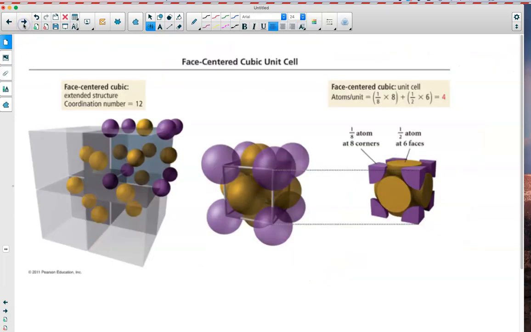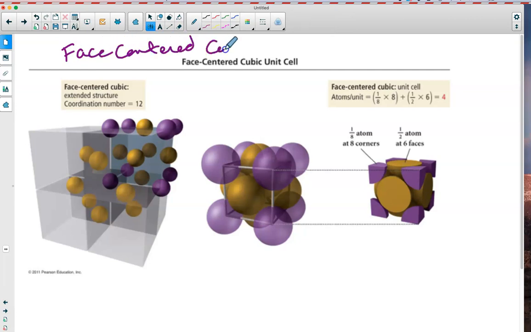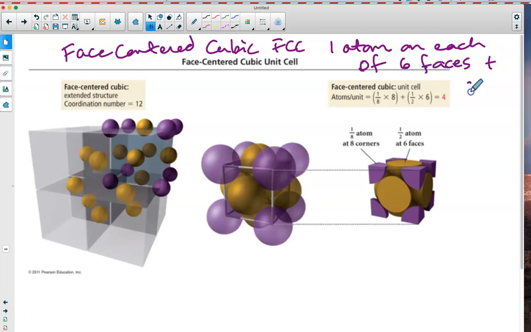The third type of cubic structure is a face-centered cubic. And as the name implies, now we have one atom on each of 6 faces, plus the 8 corner atoms.